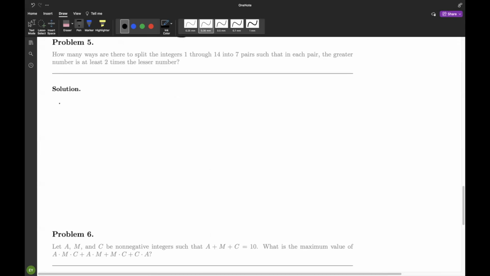Okay, so let's consider the pairs (a_i, b_i).